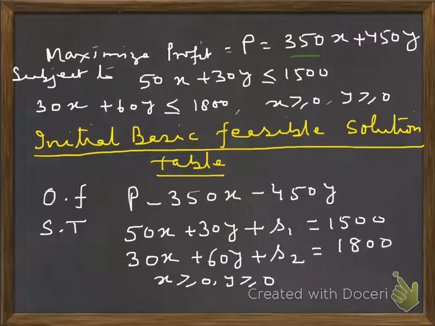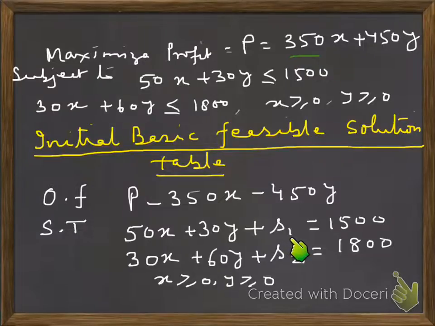So from the constraints, that is from these two equations, we will try to find out basic variables. From each of the constraints, we should get one basic variable each. The basic variable should be present in only that equation and not present in any other. Also, the coefficient should be plus 1. If you look at this equation, you find that s1 is the variable which is present only in this equation and not present anywhere else.